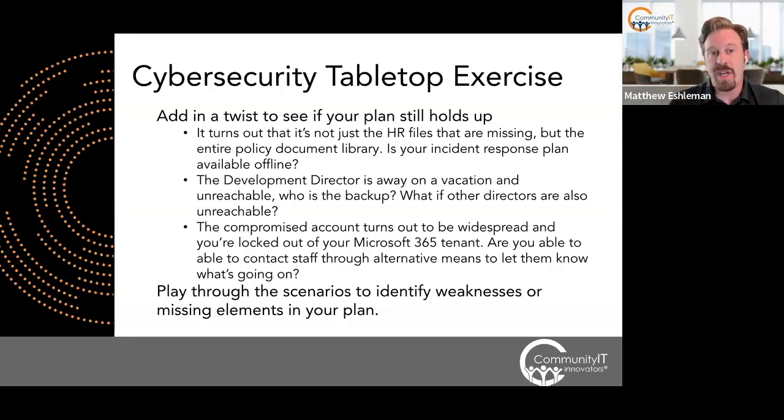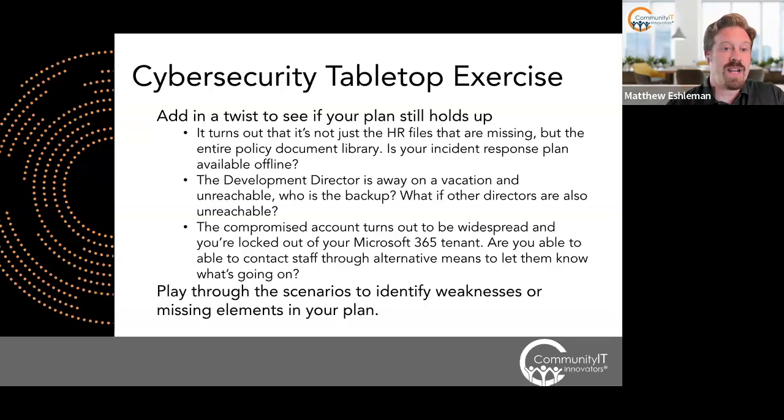And then the third scenario here is that, well, it turns out that it's not just a compromised account for our executive director, but we're locked out organizationally. It turns out the executive director was also a global admin, so the hacker has permissions to the whole tenant, and they've locked everybody out of the whole Office 365 environment.